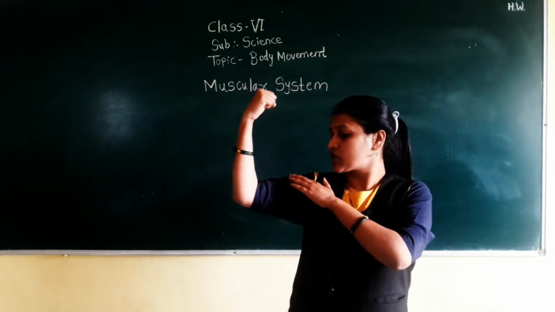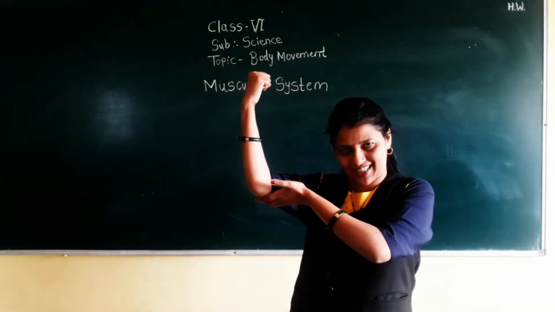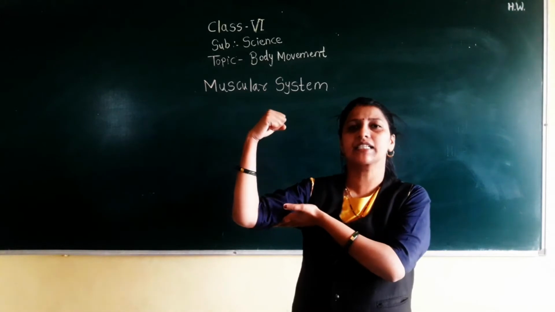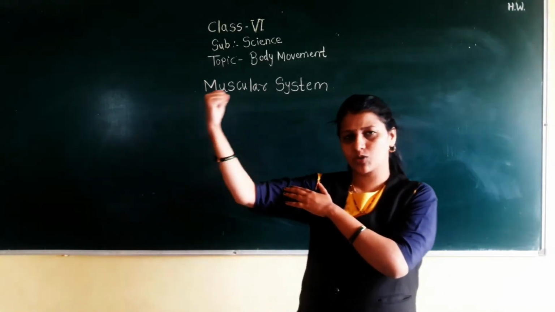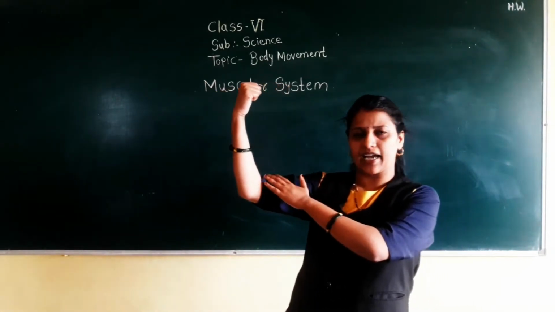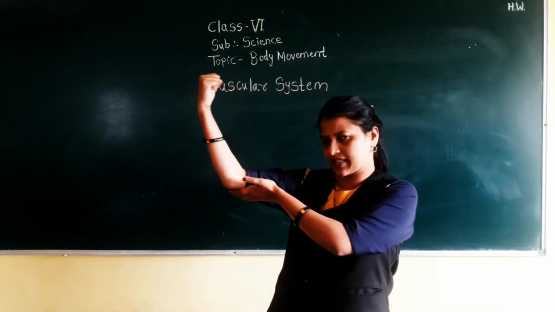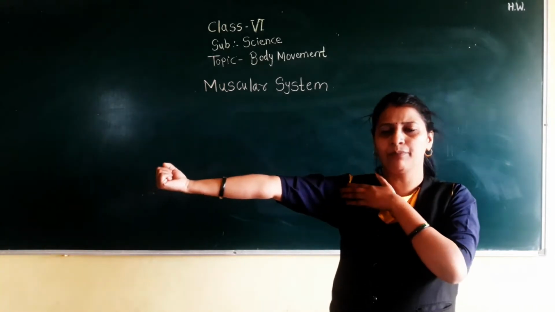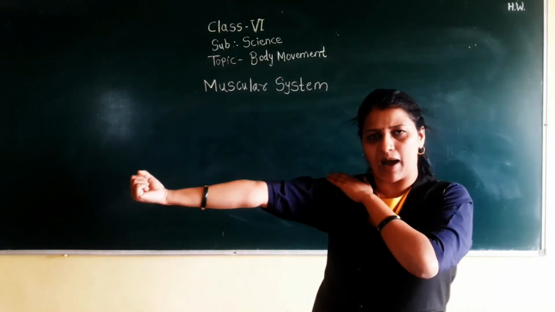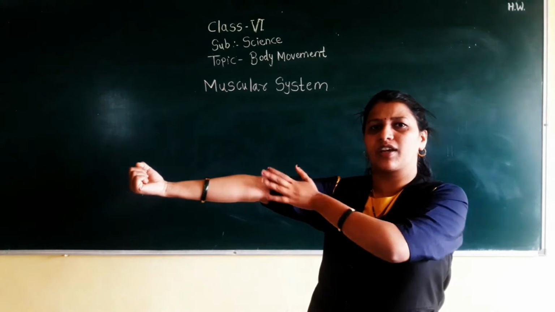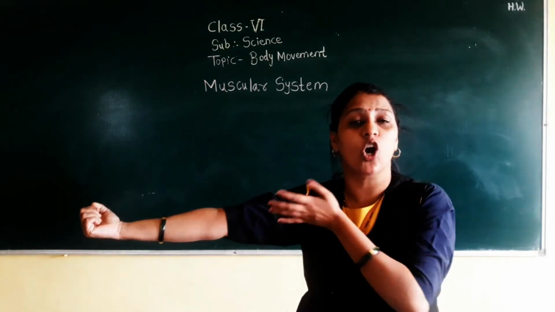This is the biceps and this is the triceps. When you raise your hand up, the biceps contracts and the triceps relaxes. And when you stretch your arm, the biceps relaxes and the triceps contracts.